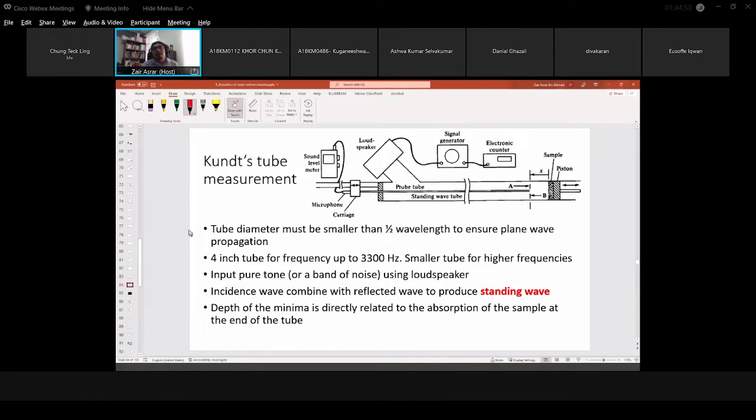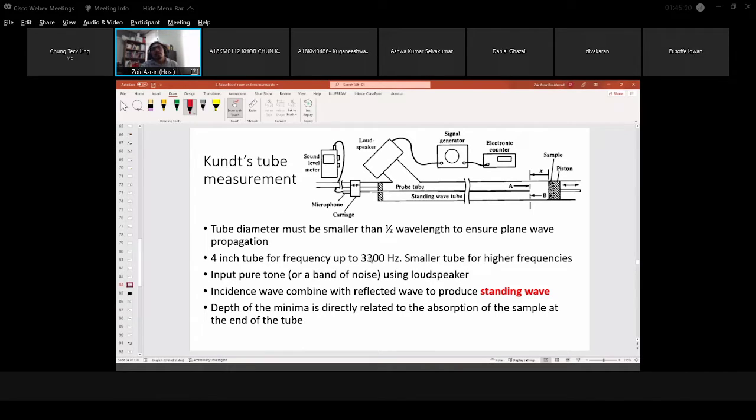Initially people were not using those two approaches. They were using the standard wave equation in the form of the Kundt's tube measurement.